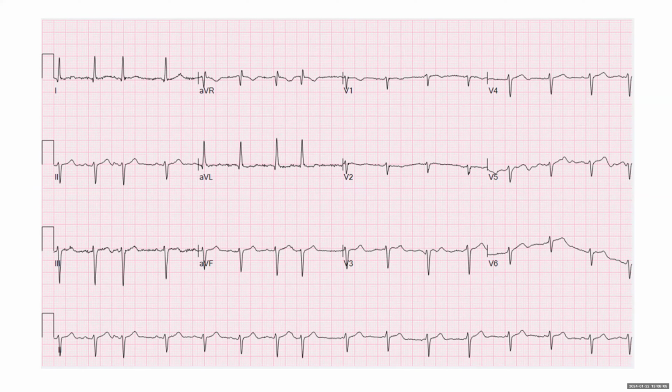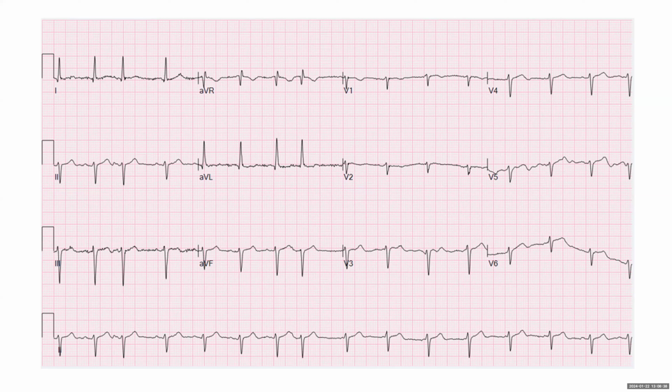Again, we rarely see this in real life, but it's one of the codes. Yeah, so multifocal atrial tachycardia.